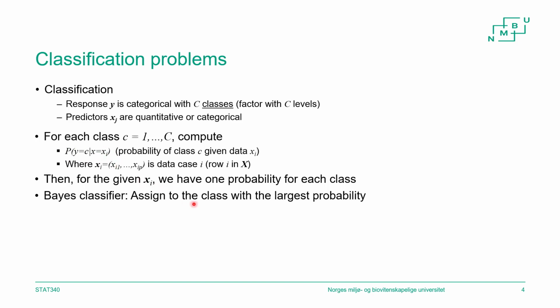And not only that, we also have a good measure of how certain we are, right? Because we saw that last week. If you have a posterior probability which is almost the same for two classes, then you are on the border between these two classes, and you are really uncertain. You assign to the one with the largest probability, but if this is only tiny much larger than the other one, you're pretty uncertain.